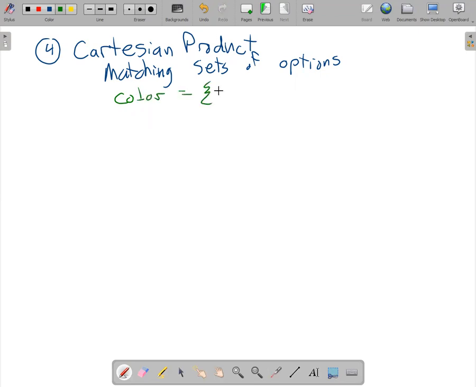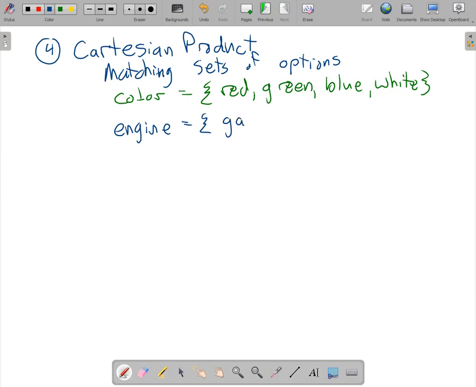Maybe our set of colors are red, green, blue, and white. And then we have, say, options about the engine, and the engine is either gas or electric.